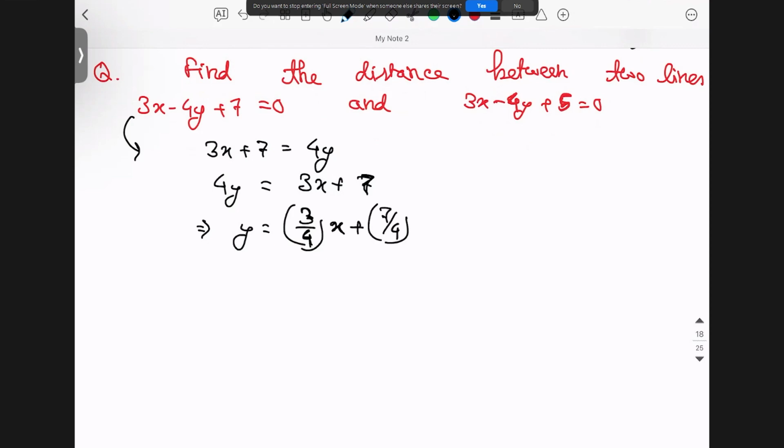Okay, now what about this? Similarly, here we can write 4y equals 3x plus 5, which further gives us y equals 3 by 4 x plus 5 by 4.